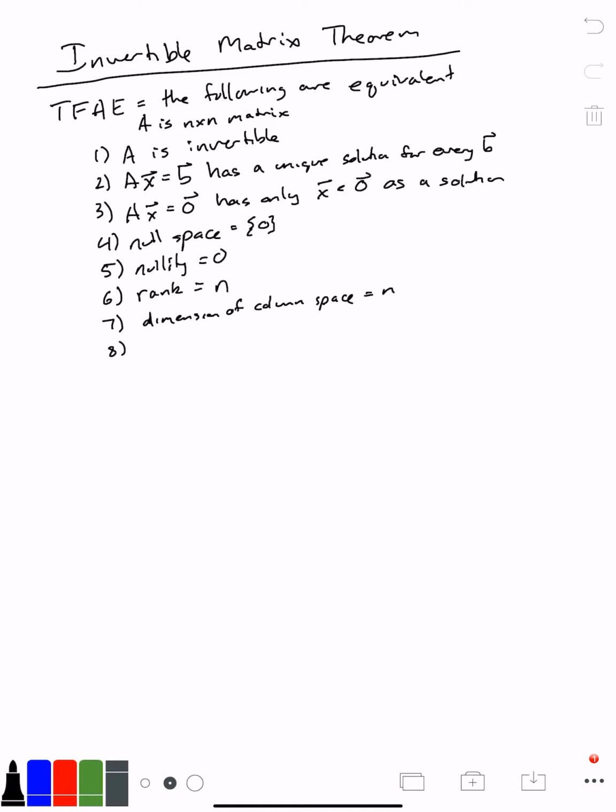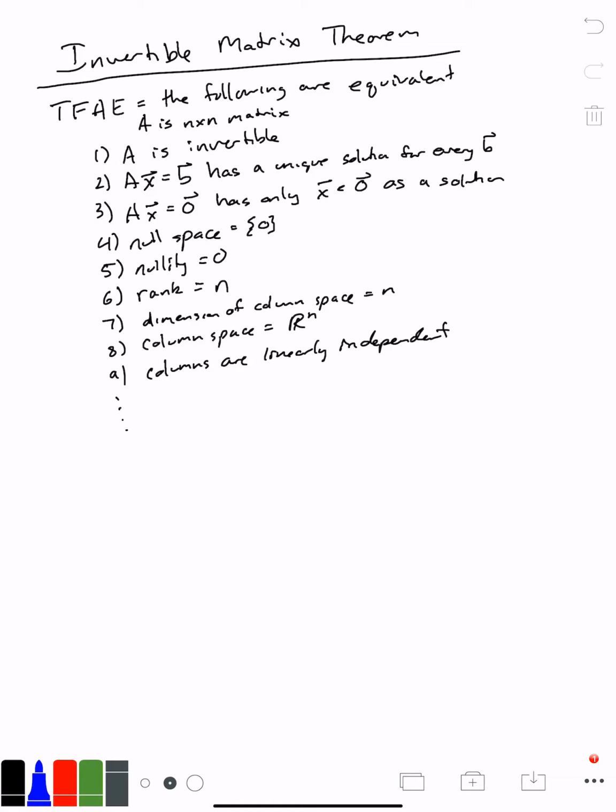Turns out that means that the column space is going to be all of R^n. That also means that the columns are linearly independent. And honestly, I could keep going on here. There's actually like 15 or 20 different things I could write down here that are all logically equivalent to this. We don't need all of them.